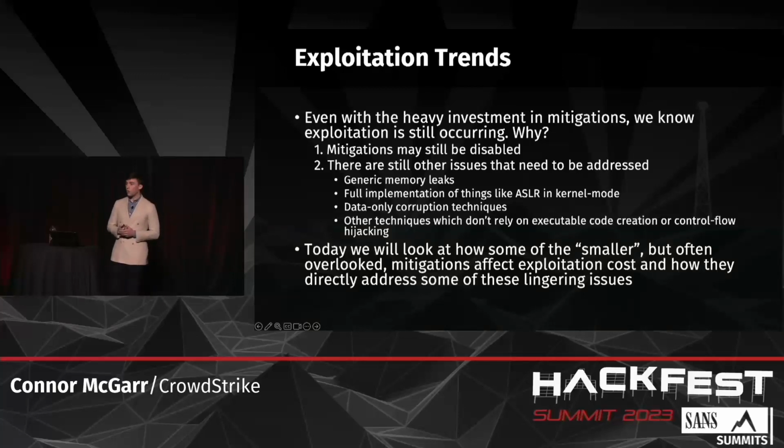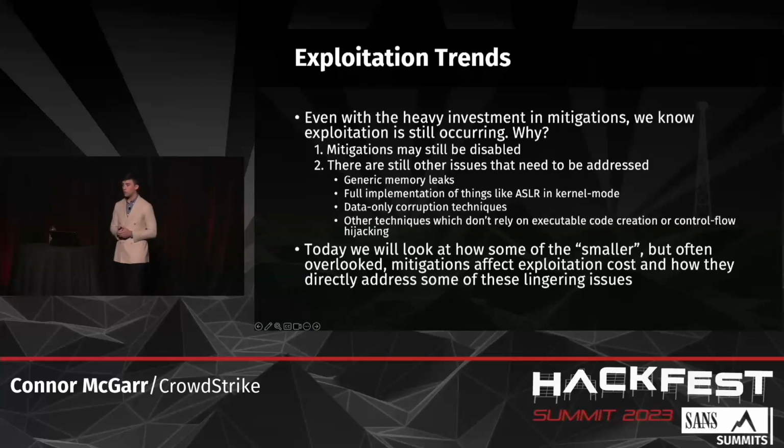But there's also other issues that need to be addressed outside of hijacking control flow and creating executable memory. One are documented features that the OS will generically leak you kernel memory from user mode, as an example. ASLR. It's not fully implemented in kernel mode in some very specific cases. We have data-only corruption. What if we don't even want to create executable memory?